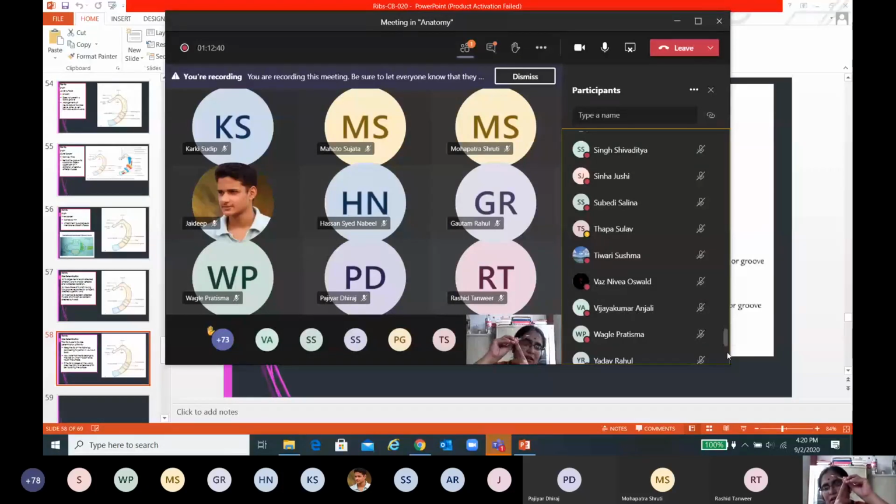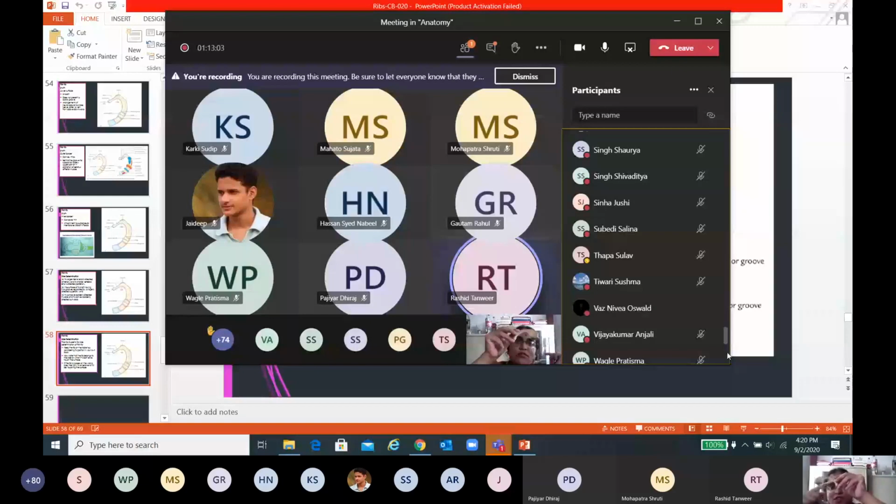Okay, Nivea Oswald Vaz, are you there? Okay, which border is this, Nivea? Inner border, ma'am. Very good. Now Nivea, you tell me what structure is attached to the inner border of the first rib here? It is a concave border, you are right.